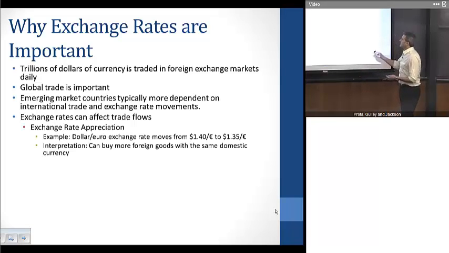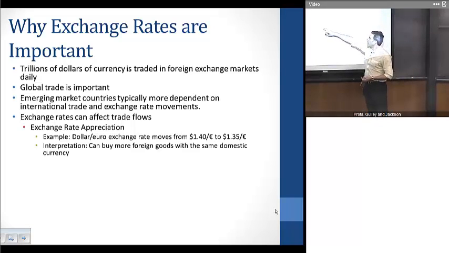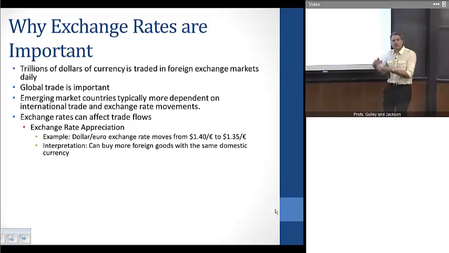So with the examples that we talked about before, we have an example of exchange rate appreciation. In this case, when the dollar moved from $1.40 per euro to $1.35 per euro, we said that the dollar appreciated. So the idea here is that we can buy more foreign goods with the same amount of dollars that we had before.